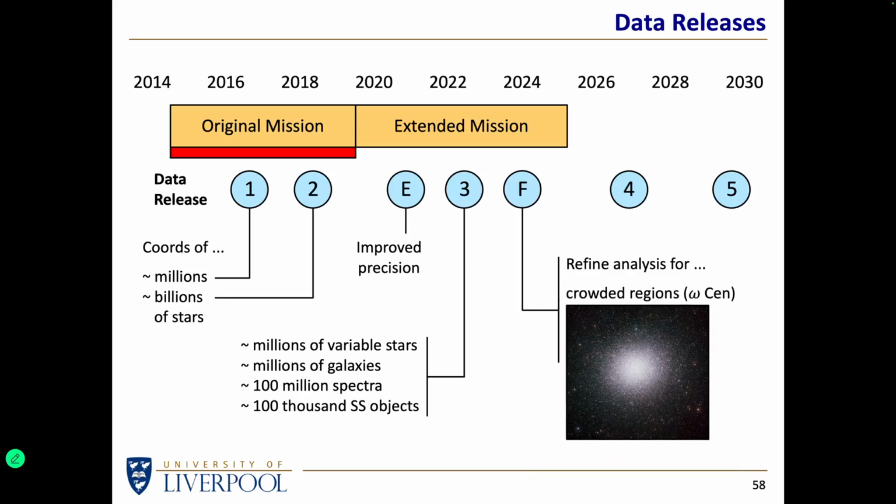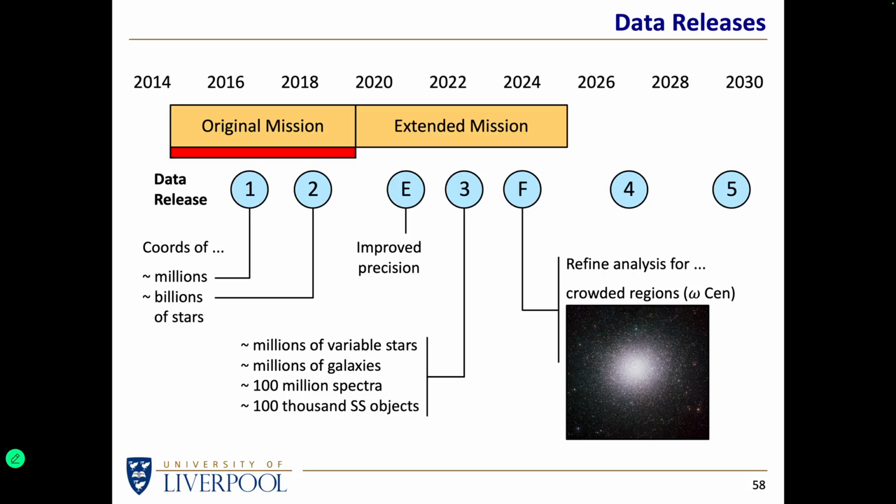By refining the analysis for crowded regions, the intention is, having got that hopefully now right, they can then go away and look at other crowded regions, for instance, the very crowded region in the center of our galaxy. Now that we've refined the analysis, can we actually get more information about all the stars towards the center of the galaxy?